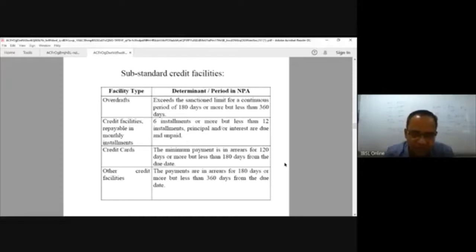More than 120 days but less than 180 days, more than 4 months, less than 6 months, that is substandard. Other credit facilities, where the payment in arrears is more than 180 days, less than 360 days, are called substandard credit facilities. So we looked at special mention accounts, and we looked at substandard.